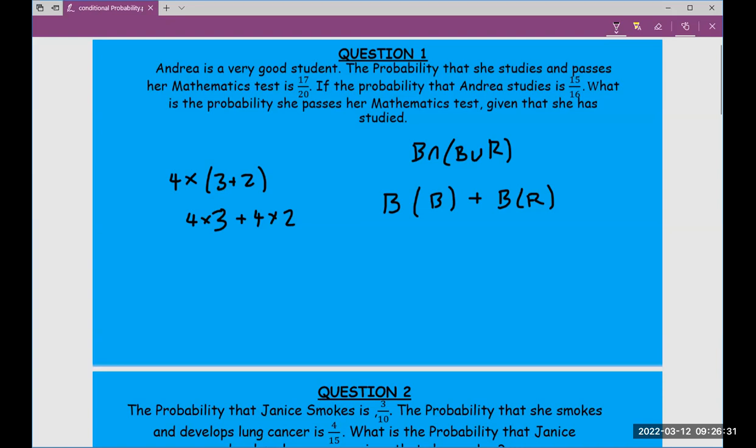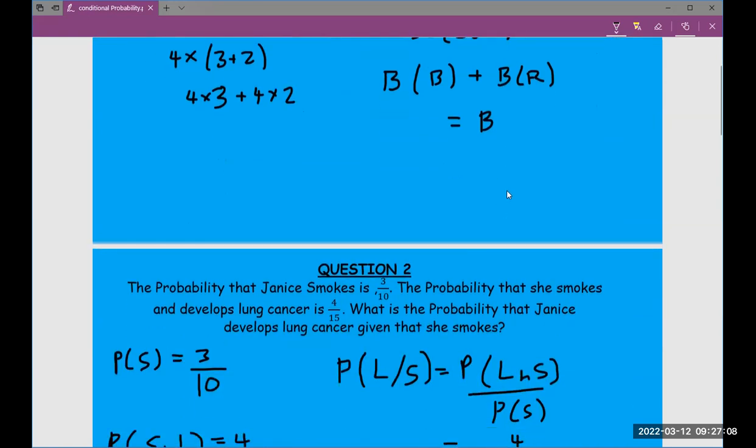Yes, sir. And then B intersect R. But look at this, you can't draw blue and red at the same time, can you? No, sir. So that part is 0. So all of this is just working out to be the probability of being blue. See it? So getting blue and blue union red is just blue. That's all we're saying. So now you can finish the question.